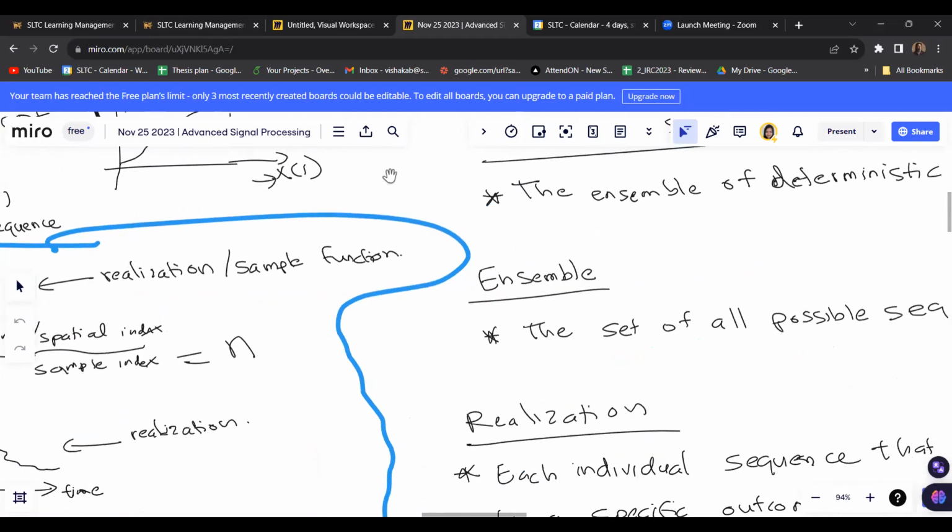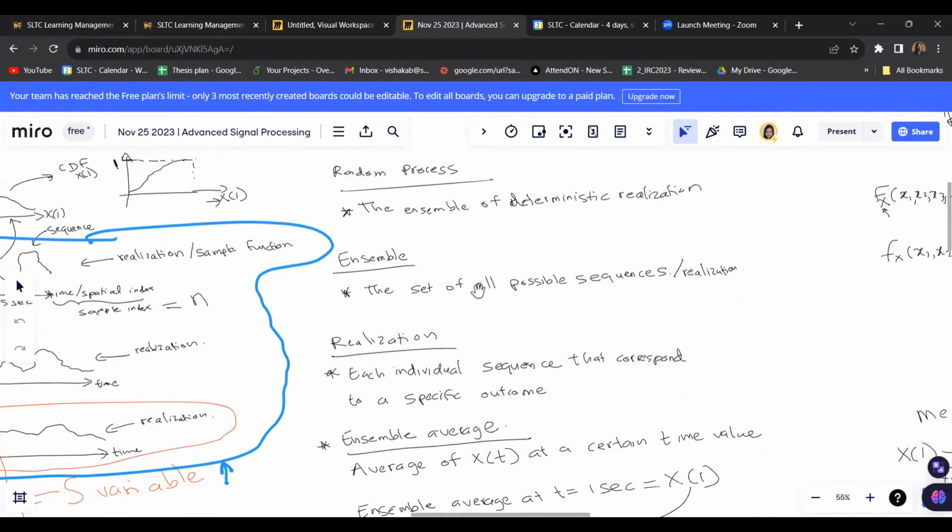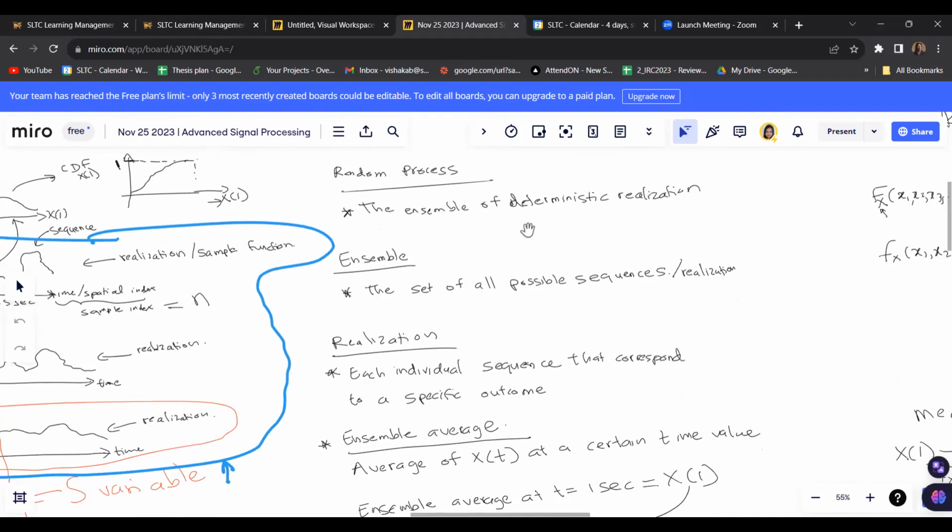You can remember these definitions to get a clear understanding of the random process, and also quickly understand when a certain statistic is defined based on these definitions.